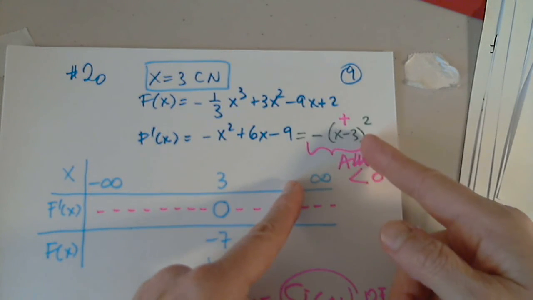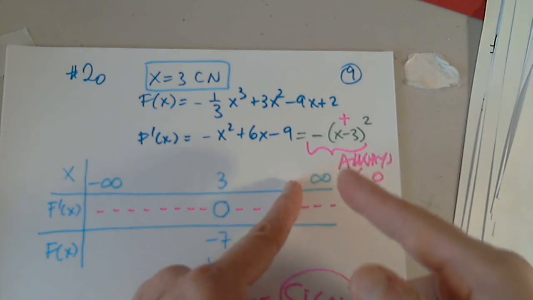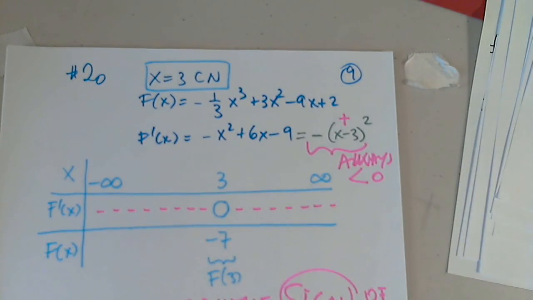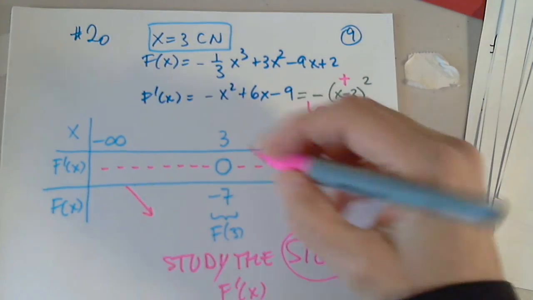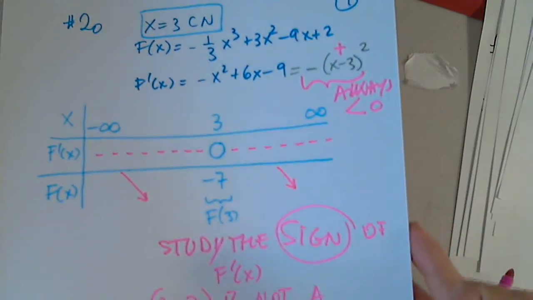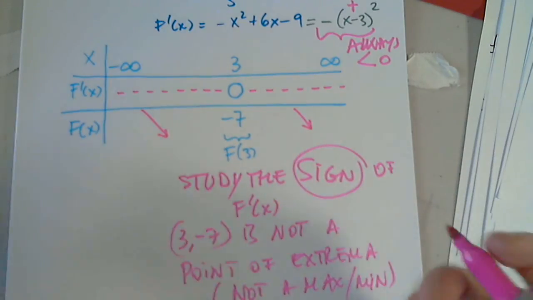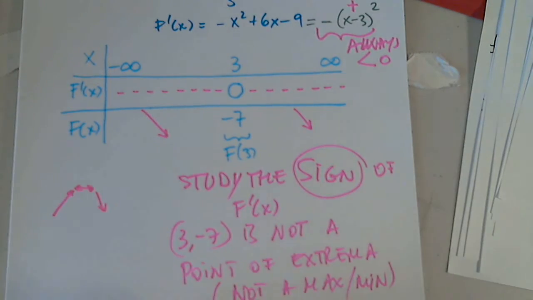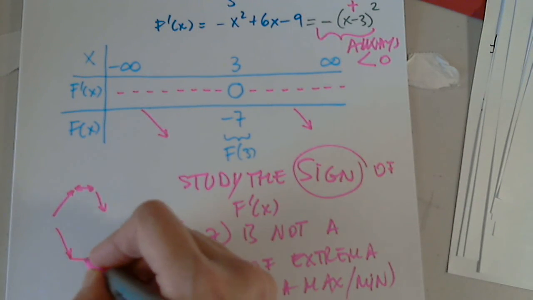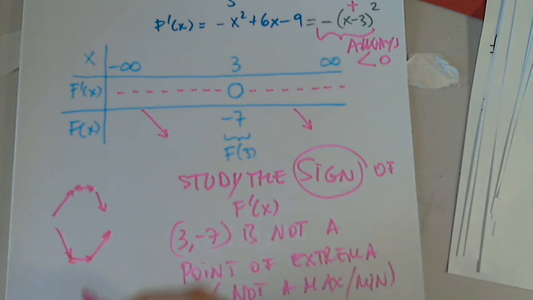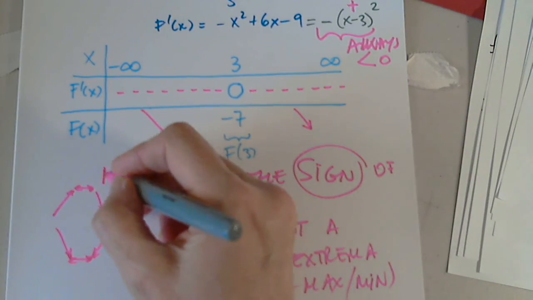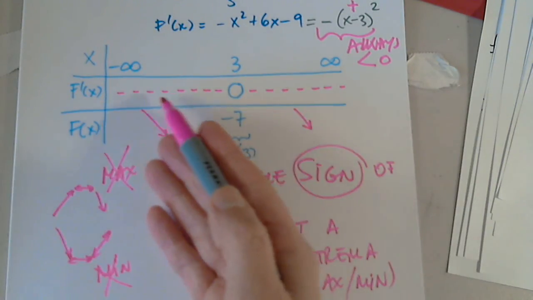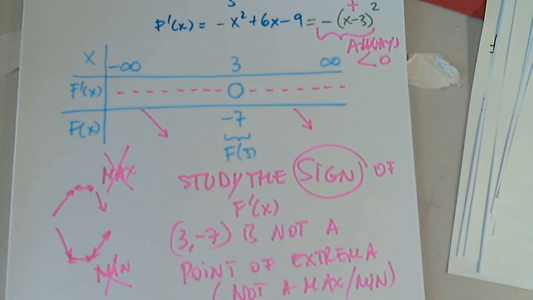It's 10 minus 3, which is 7. 7 squared is 49, minus in front is negative. The derivative doesn't change sign, which means the function is always decreasing. Always. So it doesn't do this, it's not a max, and it doesn't do this, 0 for the tangent, and it doesn't do this. It's not a max, and it's not a min. It's always decreasing. Good. Next function.